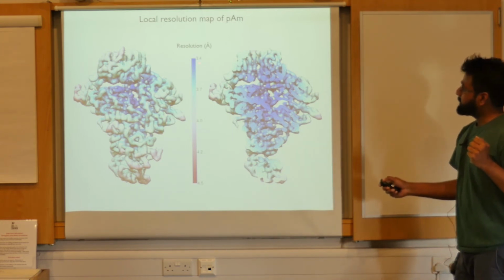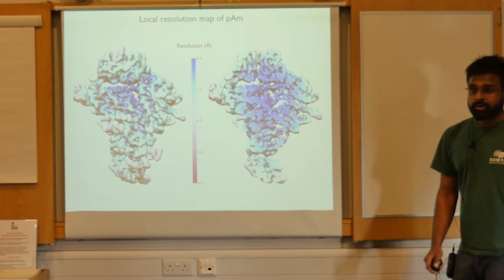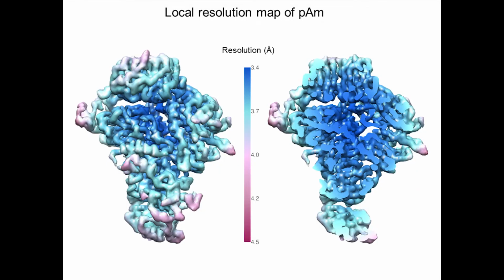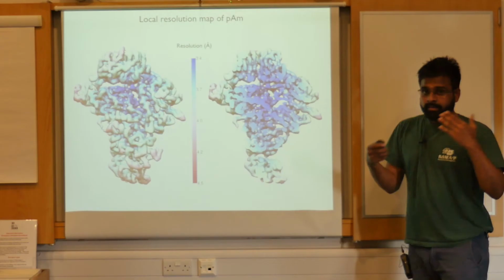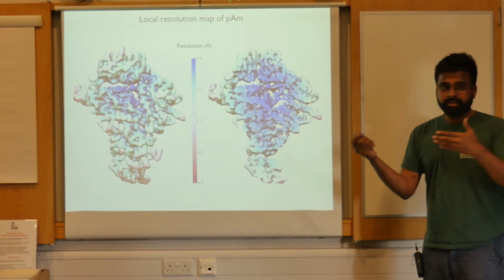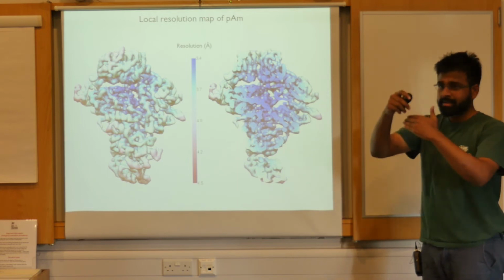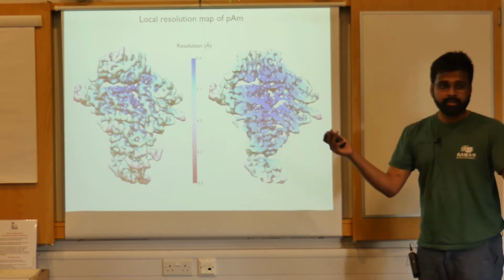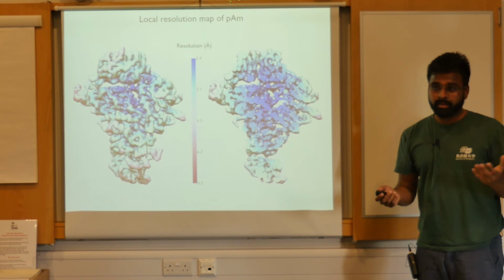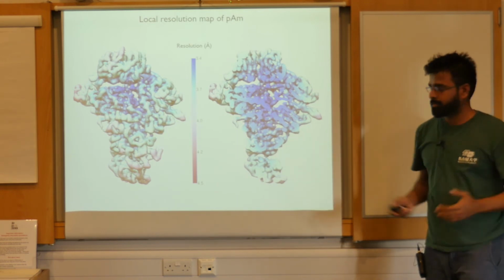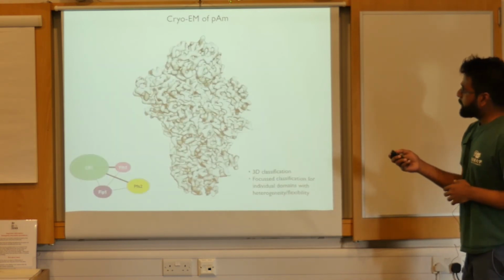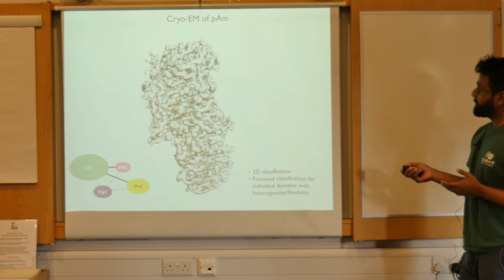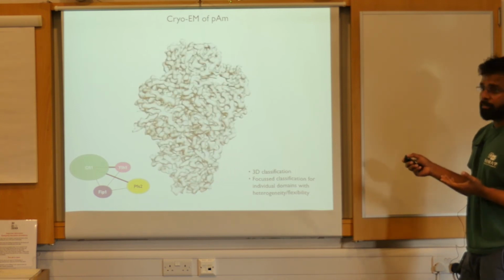So we were able to get a 3D map at 3.4 angstrom resolution, but as we go away from the center, the resolution goes a bit lower, up to 4.5 angstroms, but still this is considered really high resolution in structural biology because you can start seeing separation in the secondary structures of amino acids, and amino acids are the building blocks of proteins. And this was the density map of the protein complex I purified.